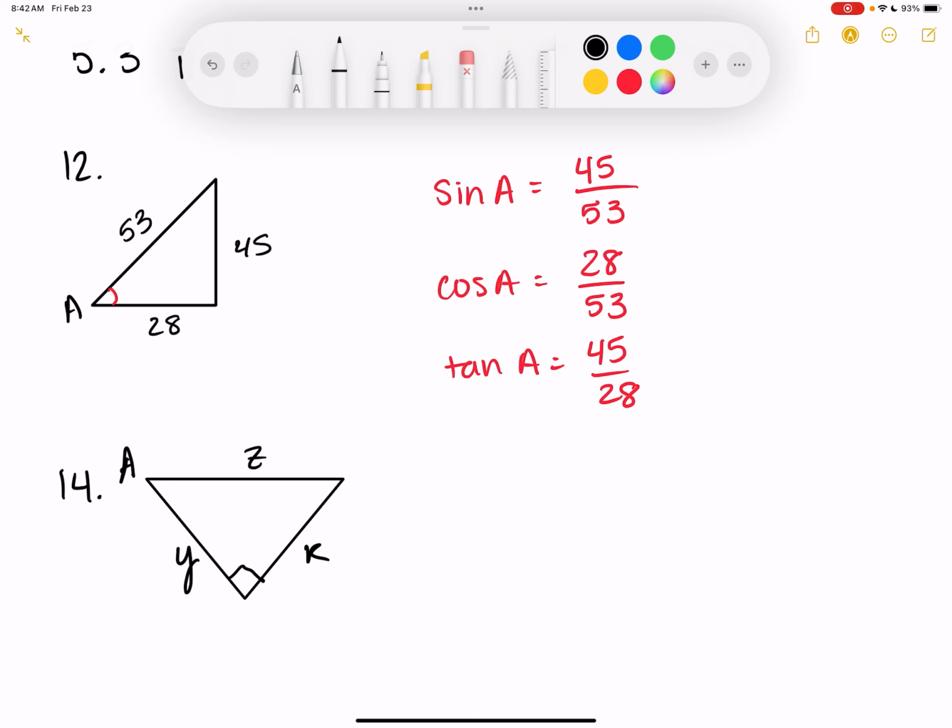But what would the sine of A be? Opposite over hypotenuse. So what is that? That would be K over Z. The hypotenuse has to be opposite of the right angle.